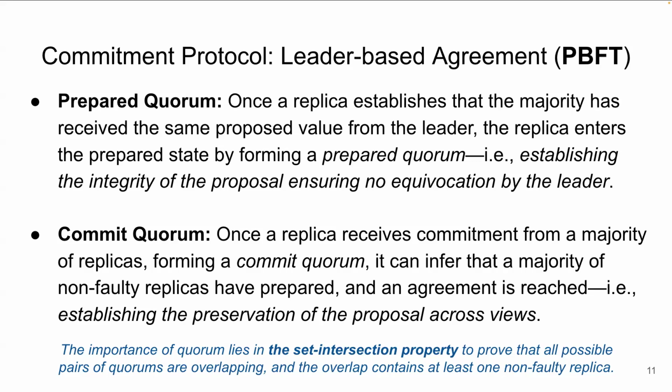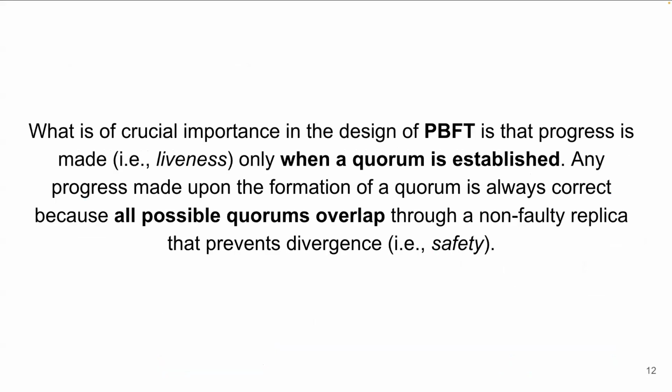And that means there will be at least one replica that will say, wait a minute, something was prepared, and that will be preserved. So again, this goes back to the discussion that we had earlier.